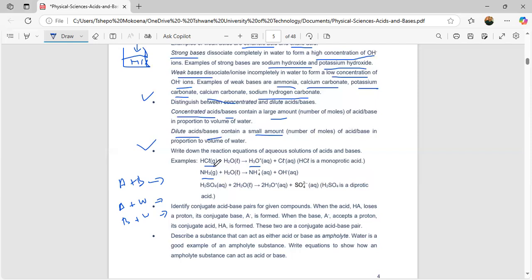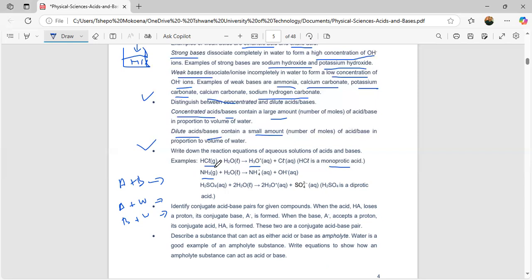What does that mean? That means the solution will be acidic, because it's acid and water. And the type of acid that we see over here is called a monoprotic acid. Why do we call it a monoprotic acid? Because it is eligible to donate only one proton.